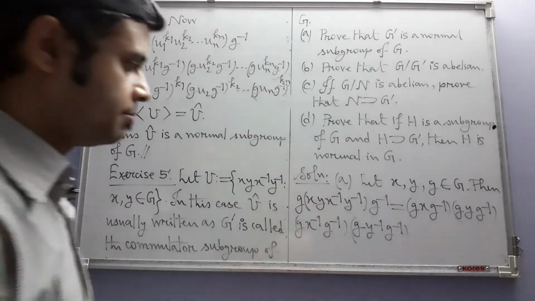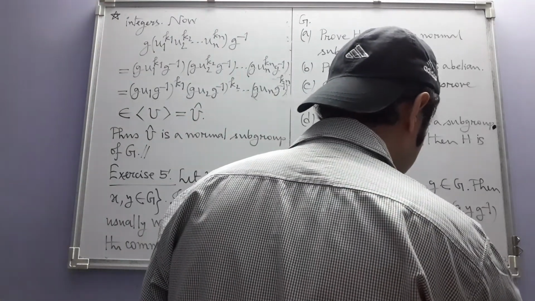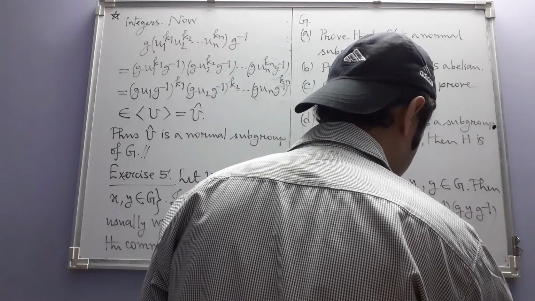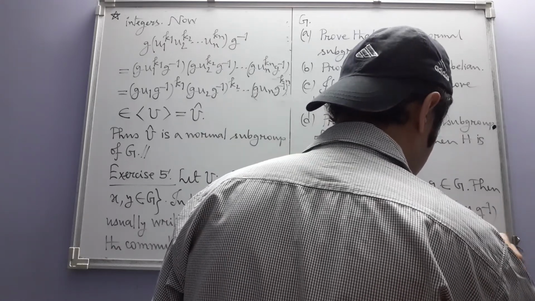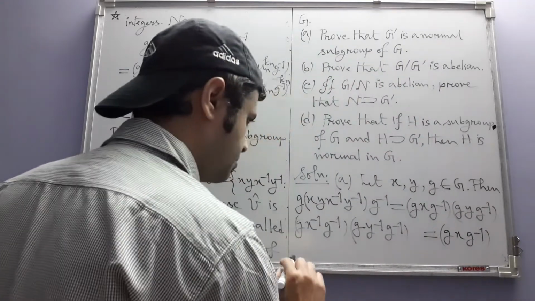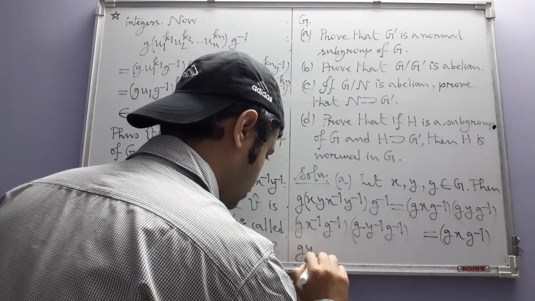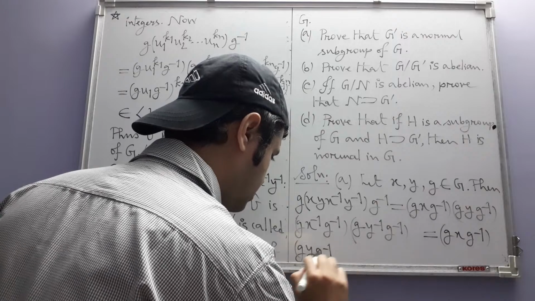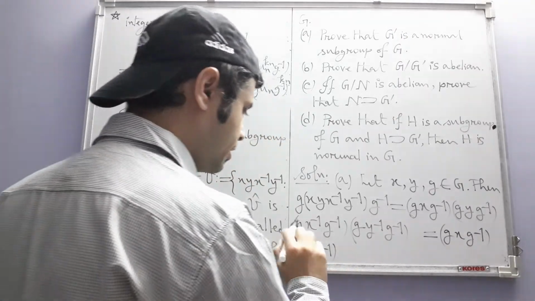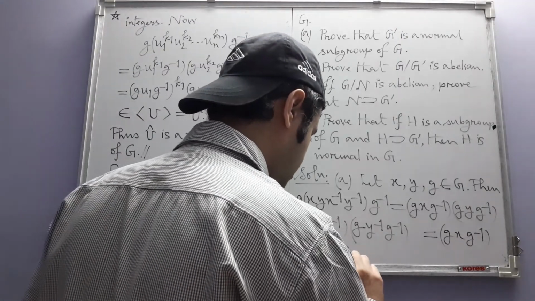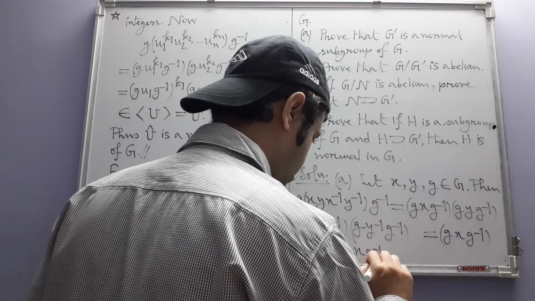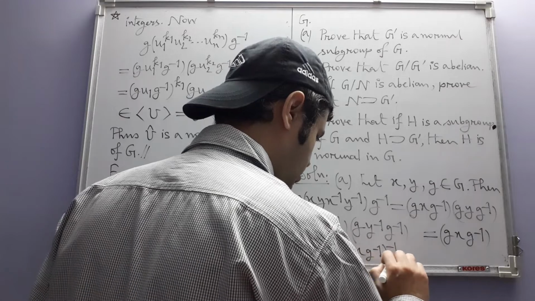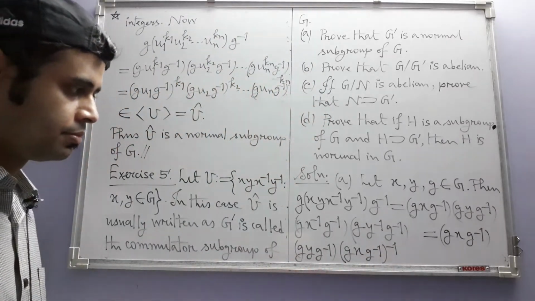That means this one, and this becomes equal to g x g inverse, g y g inverse. If you look carefully, this one is g x g inverse whole inverse.